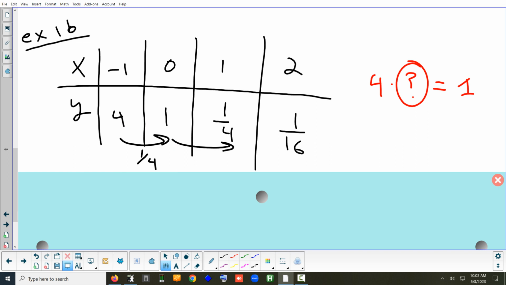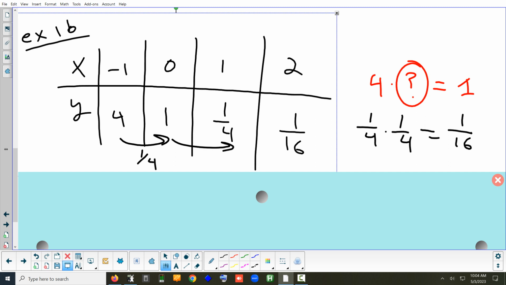What if you multiply 1 times 1/4? What do you get? Yeah. And that's the next number. And if you multiply 1/4 by what we think the pattern is, 1/4, you would get 1 times 1 is 1, and 4 times 4 is 16. So the pattern here is you are multiplying by 1/4 each time.